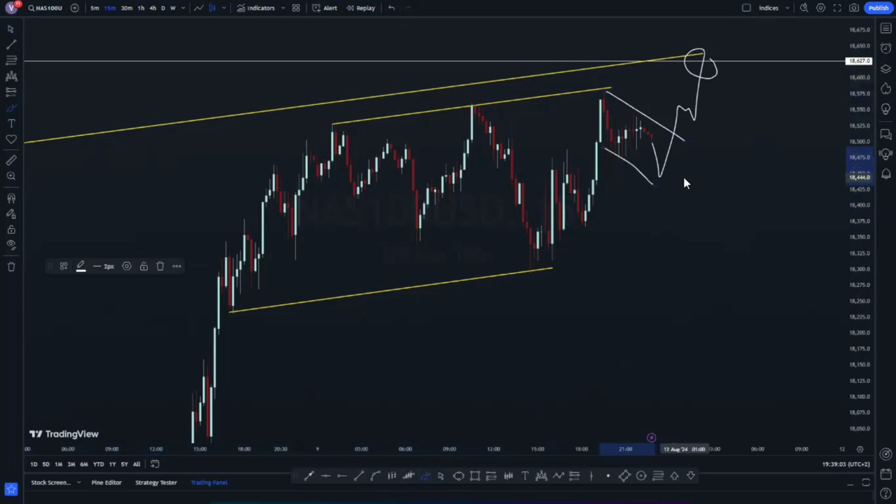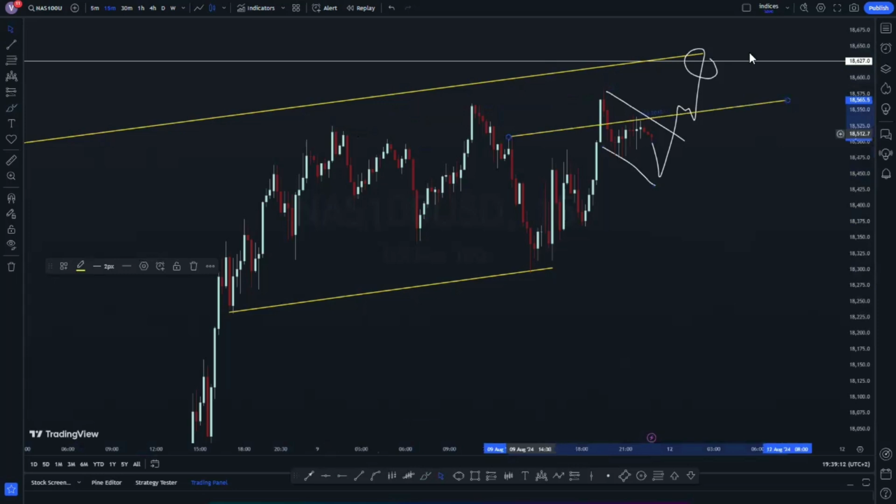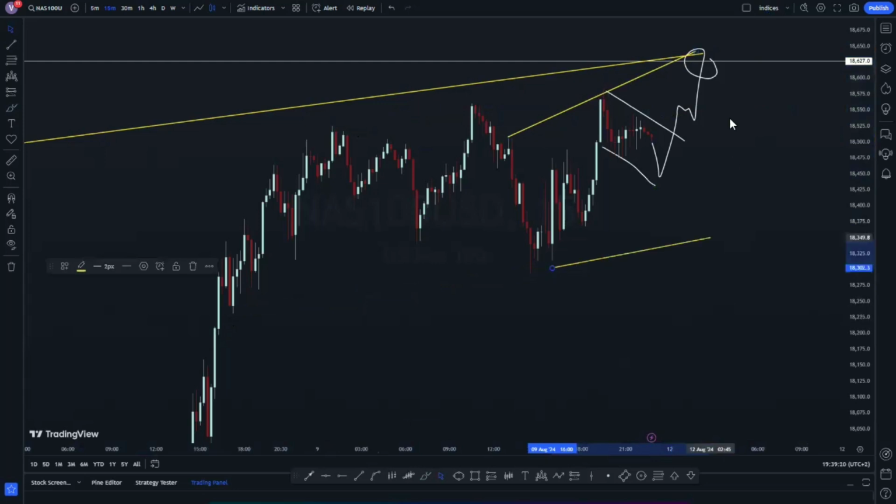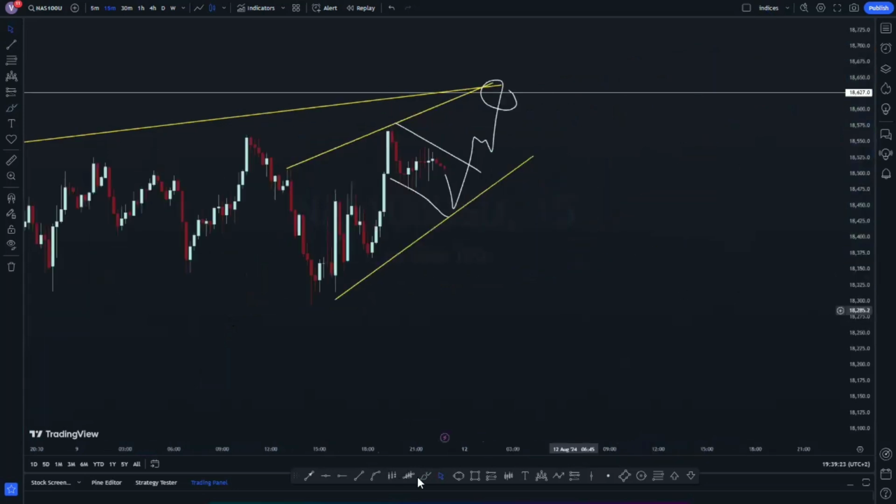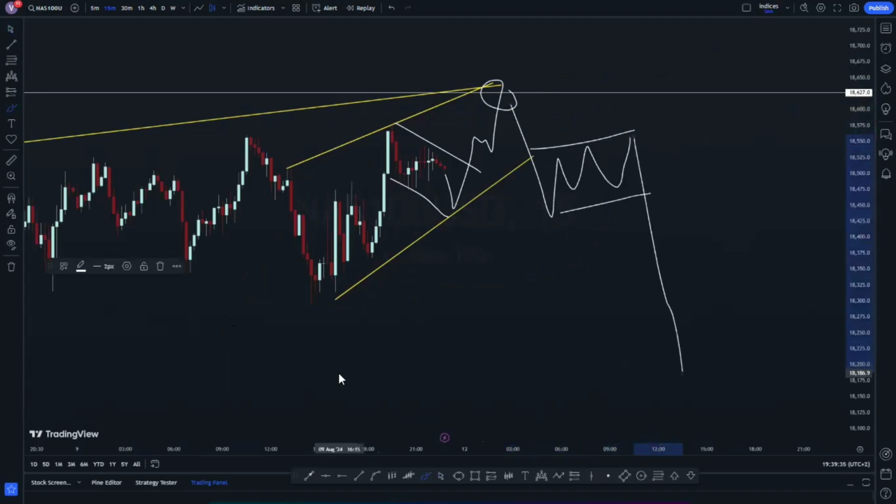And again, maybe the setup might change from this to something like this one here. Then the market might drop, create also what, a continuation correction outside this structure and go to the downside.